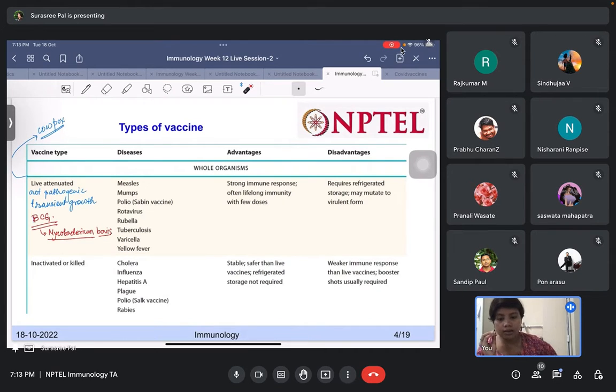So since they mimic the real growth pattern of the pathogen, they have increased immunogenicity and they can efficiently produce memory cells, right?